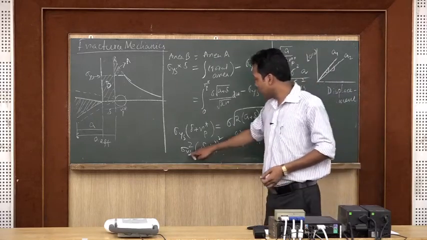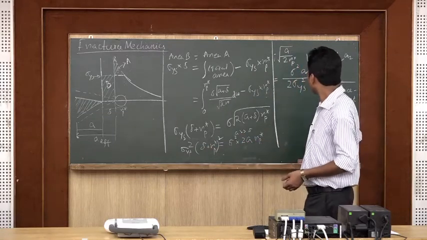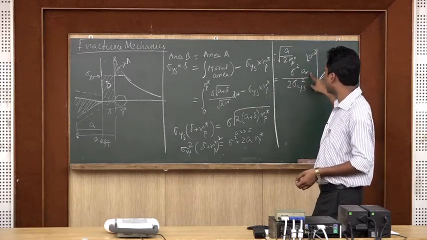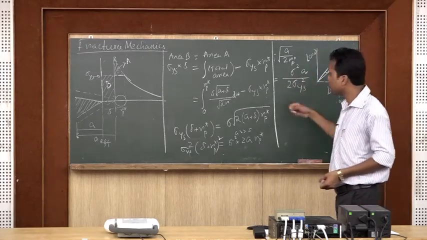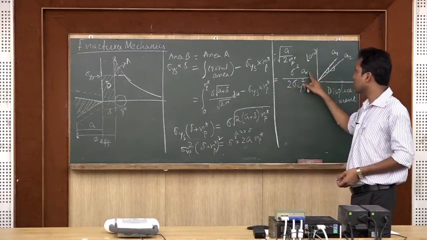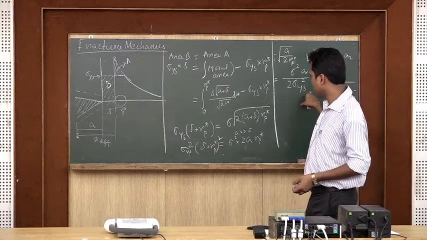Okay. So this sigma ys square you take to this side. So what will it be then? From here you can see sigma square into a. Earlier we computed, you can see from your notebook, that rp star equals sigma square a by 2 sigma ys square.